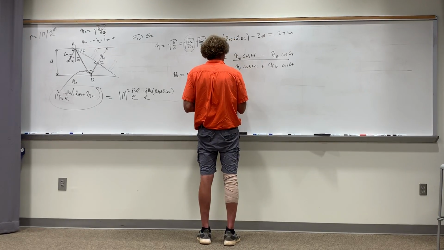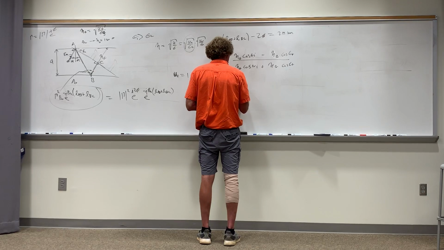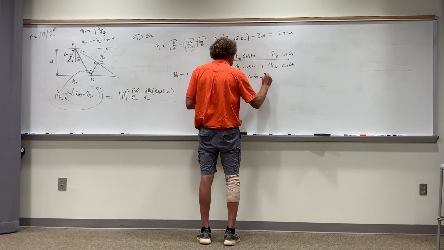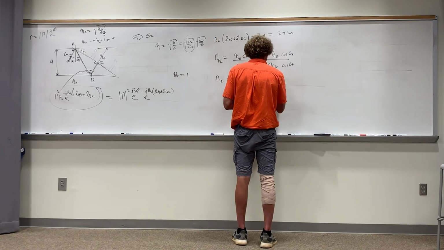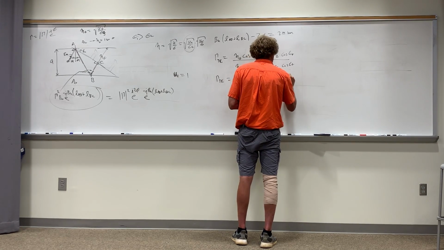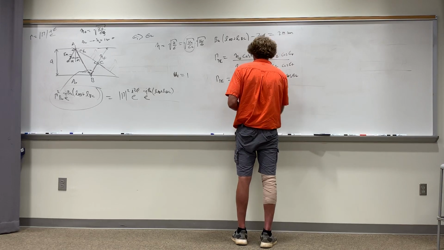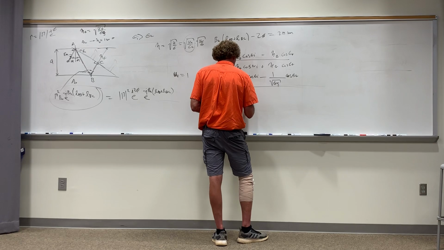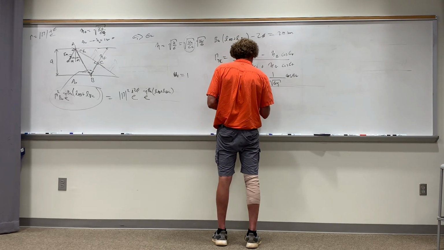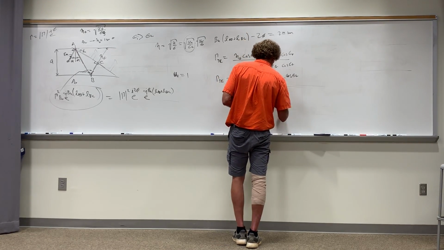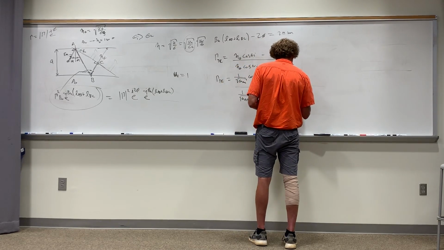When we go through the whole 9 yards, we're going to get 1 over square root of epsilon relative of air times the cosine of theta incidence minus 1 over the square root of epsilon relative of the guide, I'll just call it epsilon relative g, times cosine of theta transmitted, over 1 minus the square root of epsilon relative of air times cosine theta incident plus 1 over the square root of epsilon relative of the guide times cosine of theta transmitted.